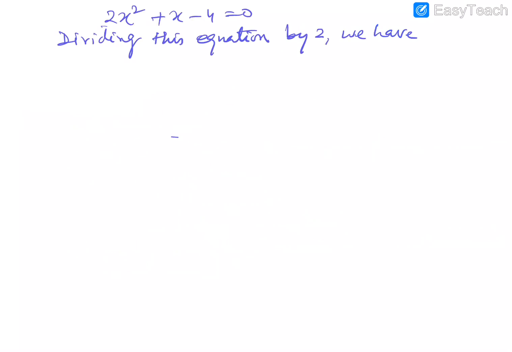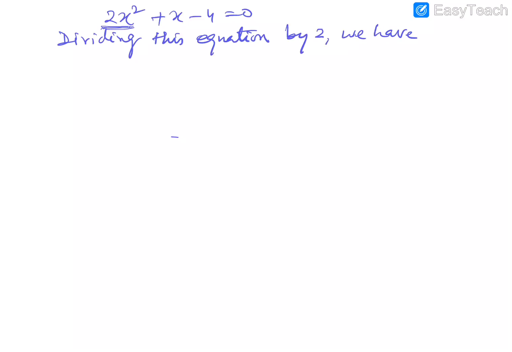To make the first term of this quadratic equation as a square term, we have to either eliminate 2 or multiply this term by 2 to get a perfect square term.